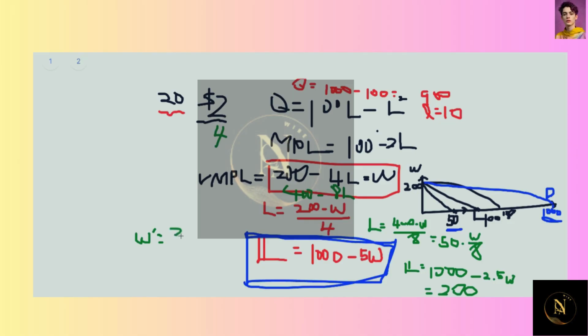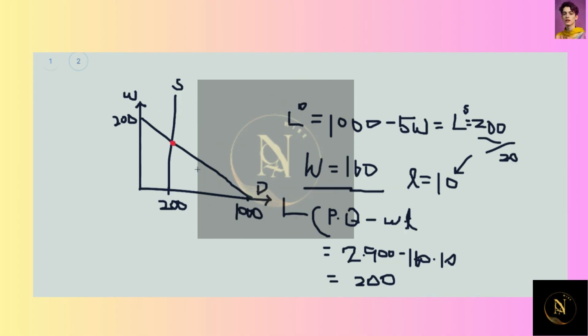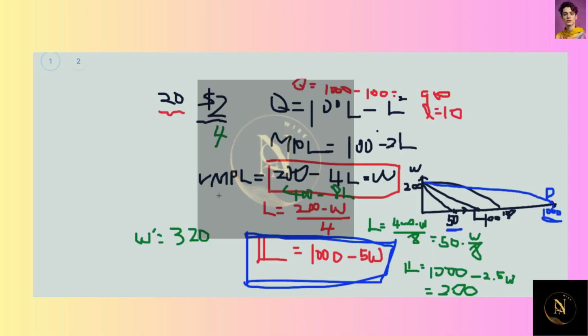It is 320. Oh, so we know that the new wage is double the old wage. It is easier if we just look at this equation, because we know that wage is always double VMPL, right? So since now we know that the VMPL is double, the wage is also double.